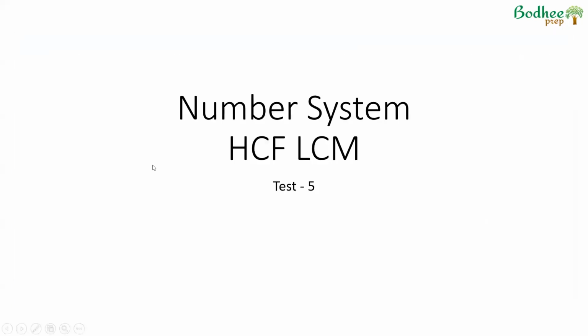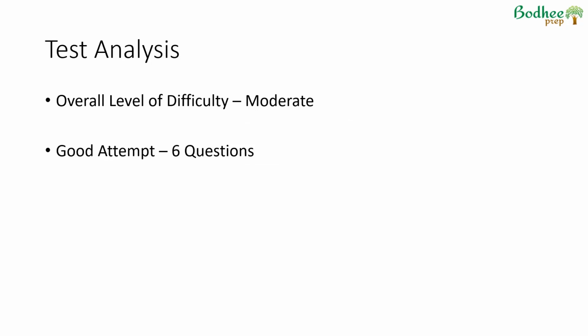This video is about the topic HCF LCM, and this is the fifth test on this topic. Overall, if we talk about the test analysis, the test is of a moderate level of difficulty. Getting 6 questions net correct would be a good attempt. Good meaning 90 to 95 percentile easily can be fetched in this test by getting 6 questions net correct.